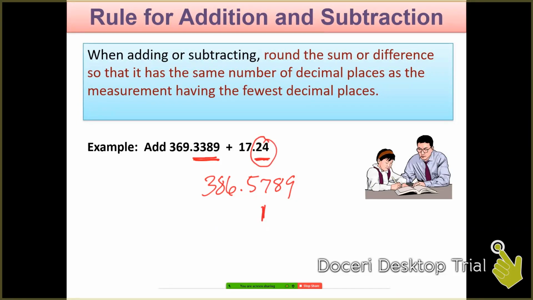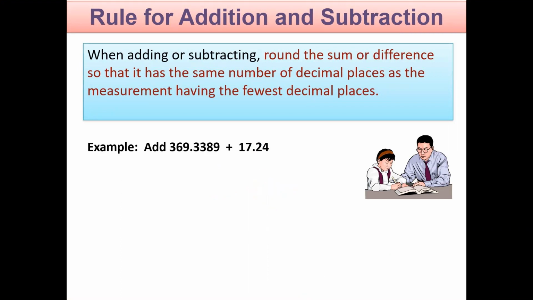So that's where my 7 is, and it would become 386.58. Look at whatever you're adding or subtracting, and whatever has the fewest places behind the decimal determines how many places your answer should have.